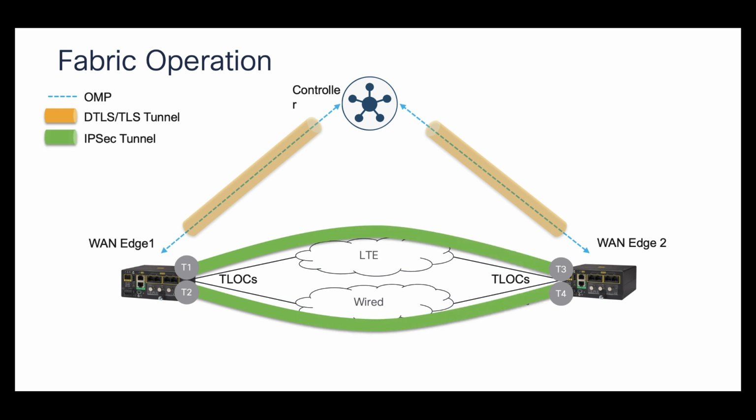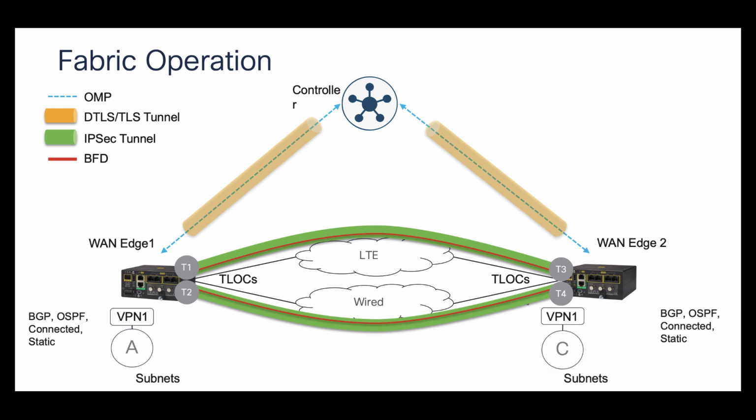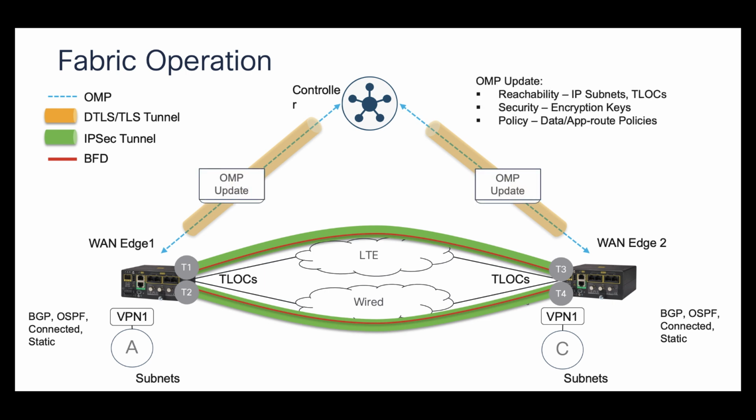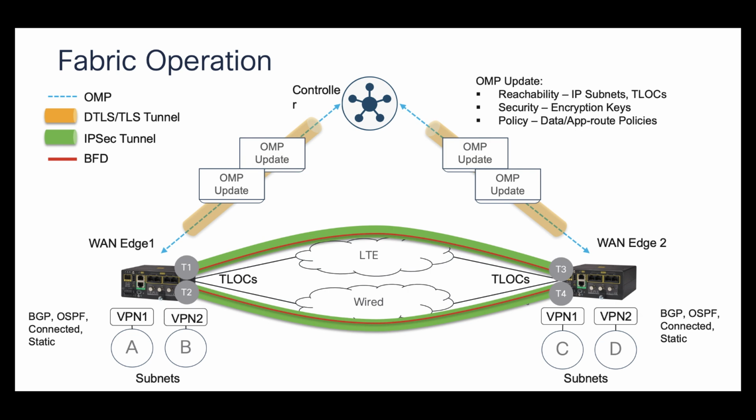We established IPsec tunnels between the edge routers and BFD sessions for monitoring the health of the tunnels. We also established VPNs or segments, and through an OMP update, they were advertised across the fabric to the other routers in the SD-WAN network for both VPNs.